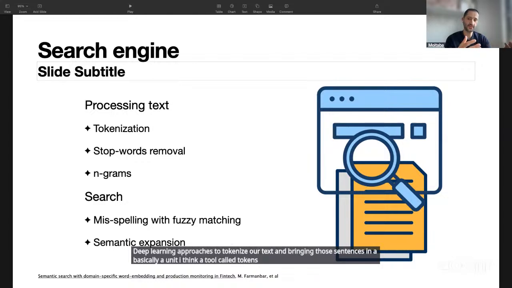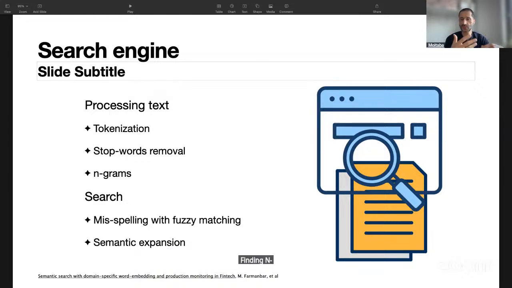Then removing stop words from the sentence, like articles, the word "the" and this sort of thing, which don't have much value when it comes to search because you don't search for those particular words. So removing those items or finding n-grams.